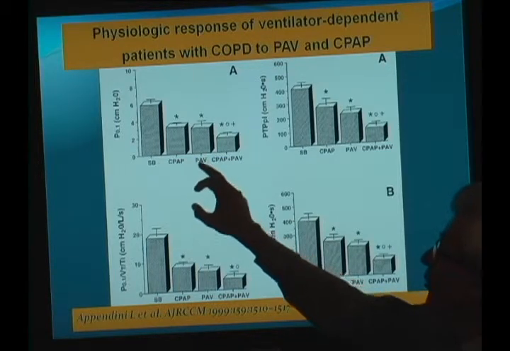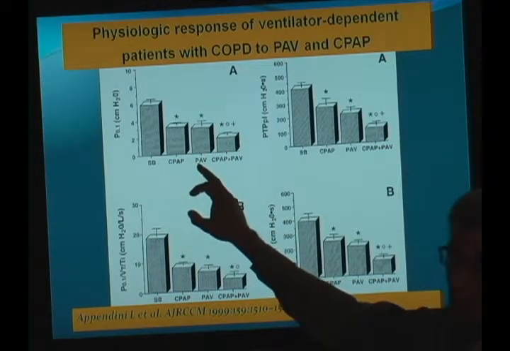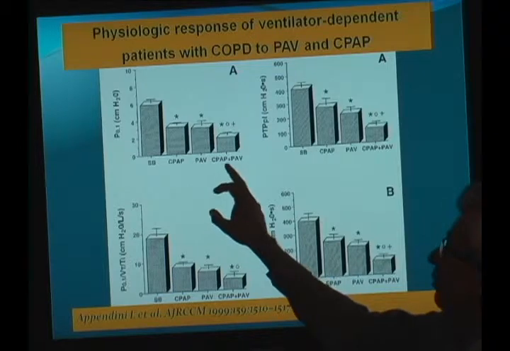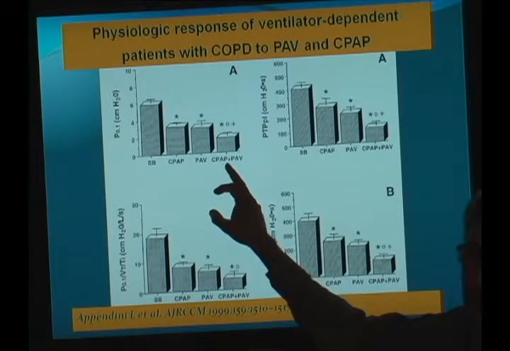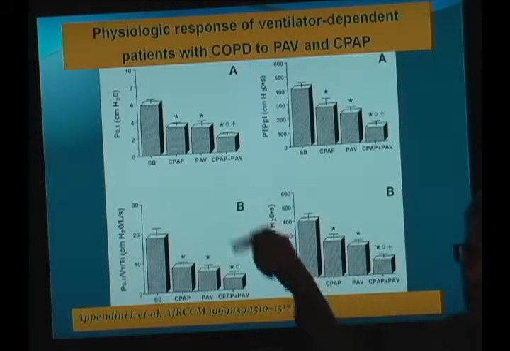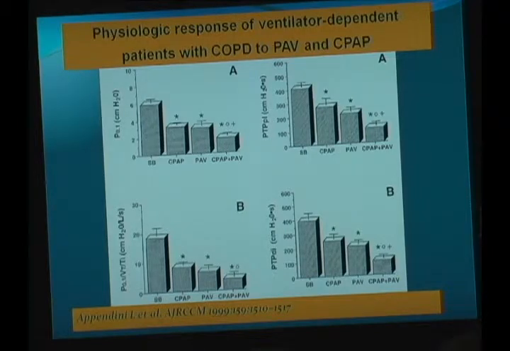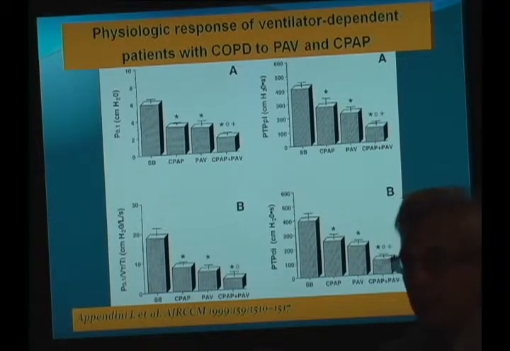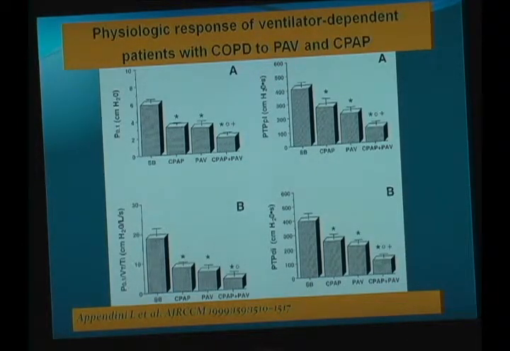You can also reduce the effort by using PAV, but the good thing is to compensate for both things. CPAP will compensate for auto-PEEP, and after inspiration starts, PAV will compensate for extra work during inspiration. So always keep in your head that auto-PEEP is outside the abilities of proportional assist ventilation.